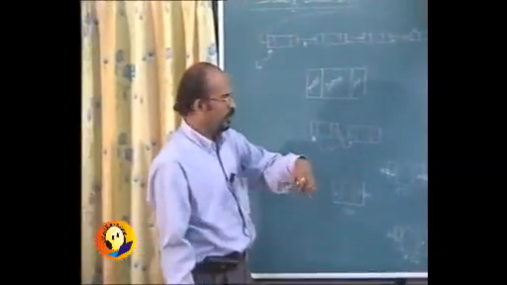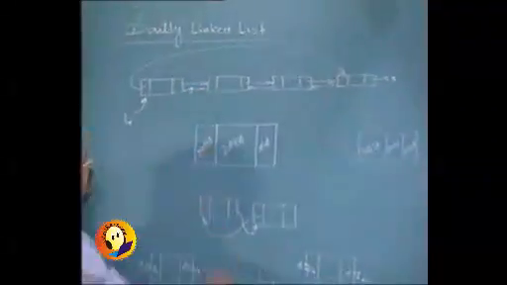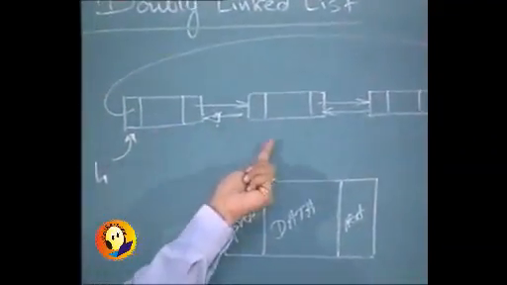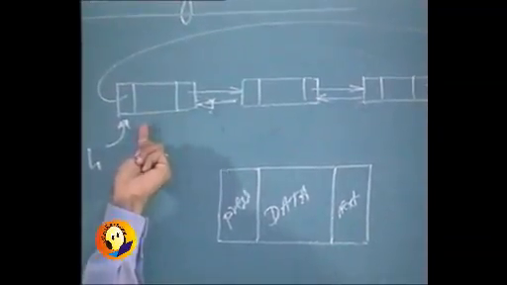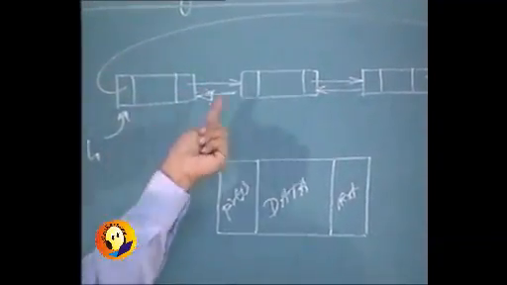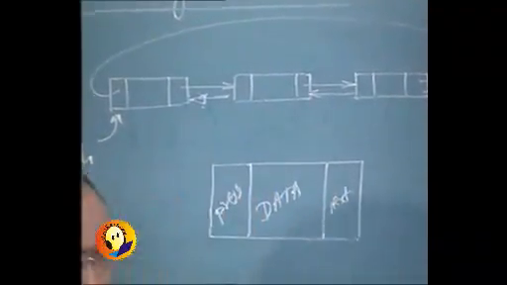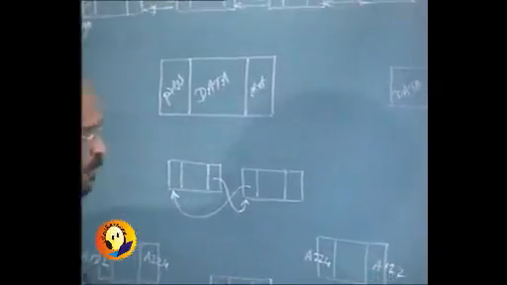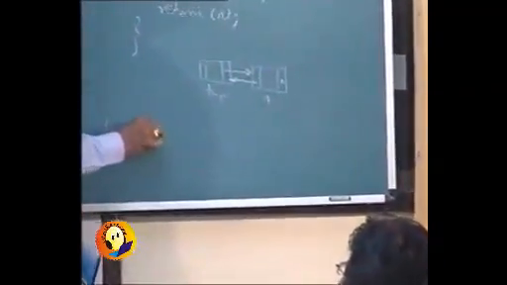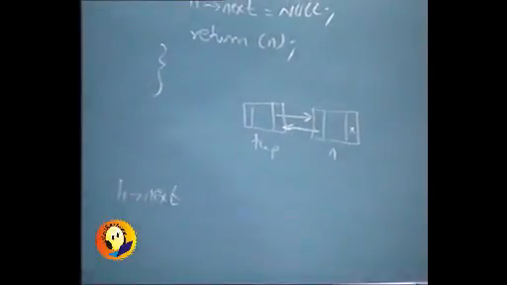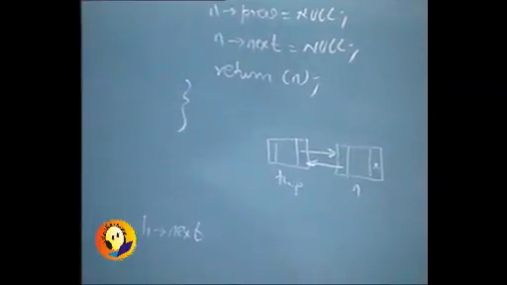At the end, when the first node is attached, this was temp, this was n, so n arrow previous is still pointing to header, which we have said should not be like this. The first node's previous should be null. So after you complete the loop, that is when the user says no, after that you will have to say that h arrow next, which is the first node, okay, its previous is currently pointing to the header, so set it to null.